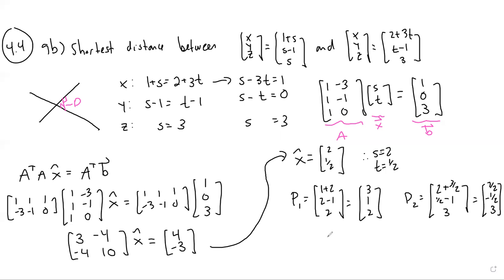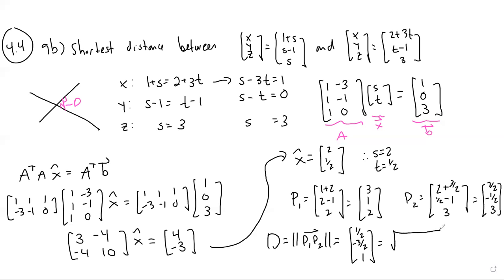And so the distance between them is basically just the length between P1 and P2. I should get a half, negative 3/2, and 1.